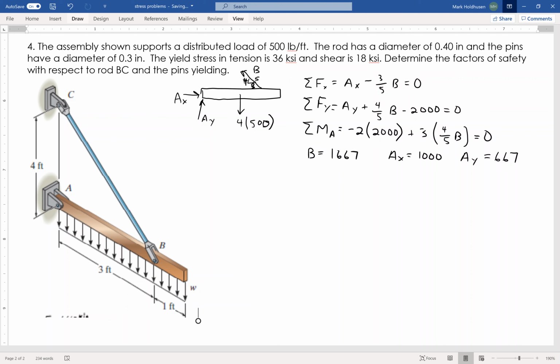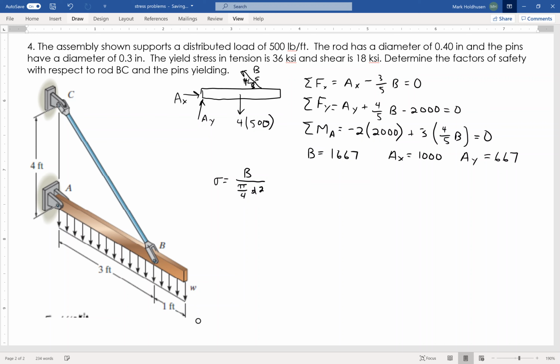So let's start by figuring out what's going on with the tension, right? So again, sigma is going to equal that force B, because that's the force going through that rod, divided by the area, which is pi over 4 d squared.